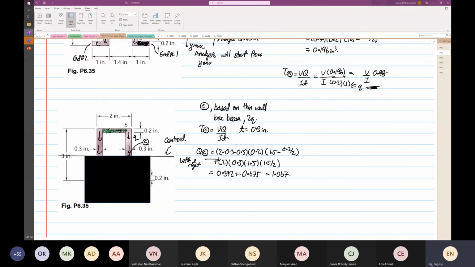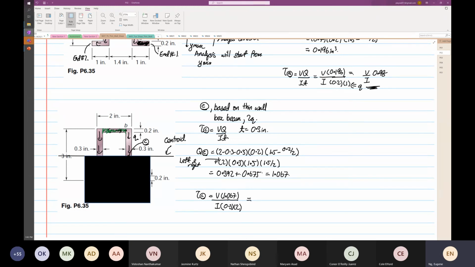So from here, the shear stress at point C is equal to VQ divided by, Q, sorry, Eugene, 1.067 divided by I, and the t is equal to 0.3 for the box beam, times 2. Okay, so 1.067 divided by 0.3 divided by 2.